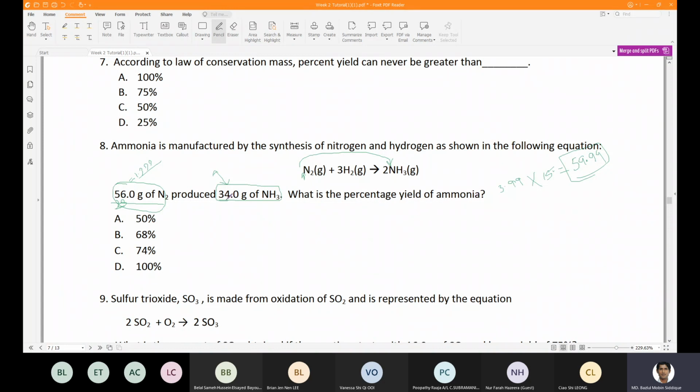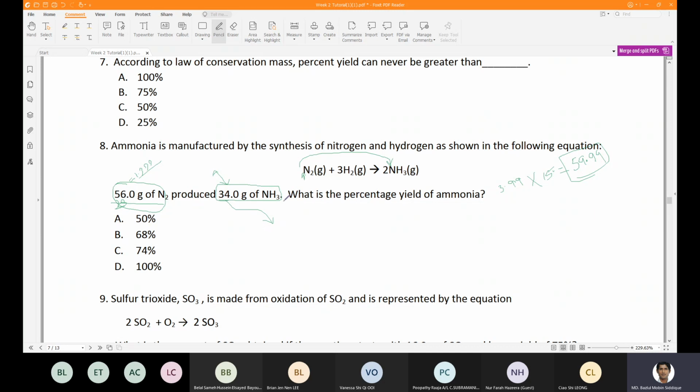But you get 34 because it is almost impossible to get exactly 100% return, right? So we do not get 100%. We expect it will be a little less than 100%, but how much actually?